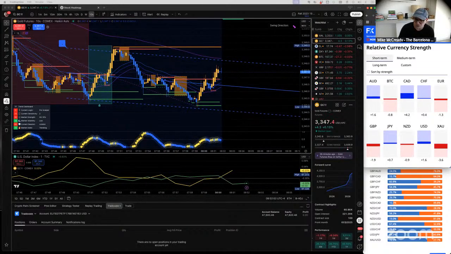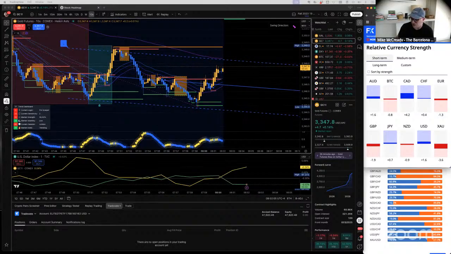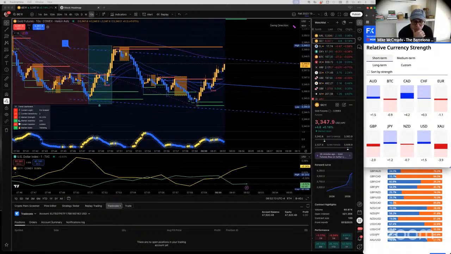So if you're trying to buy a home and you can't get a decent interest rate, Donald Trump says you can blame Fed Chair Powell. Powell says, hey, if it weren't for these tariffs, we would lower interest rates.